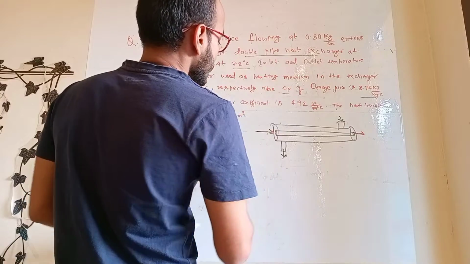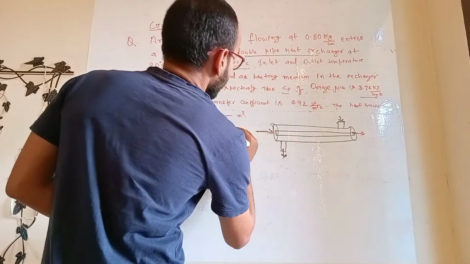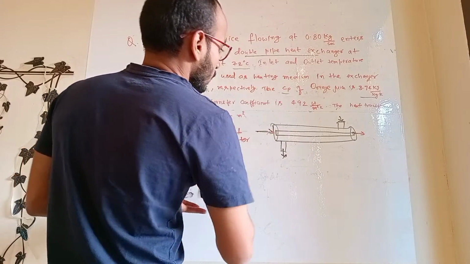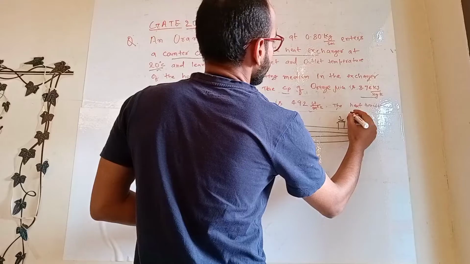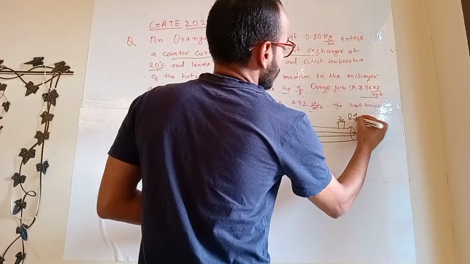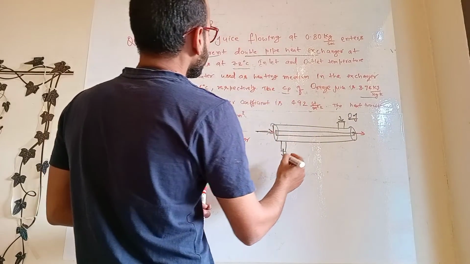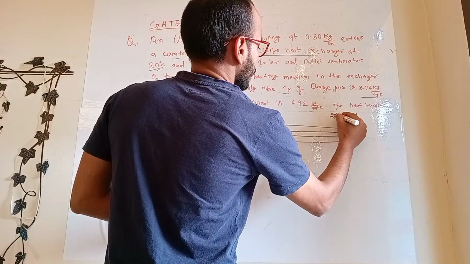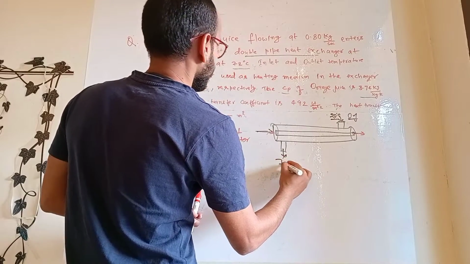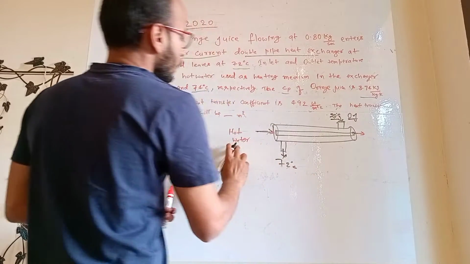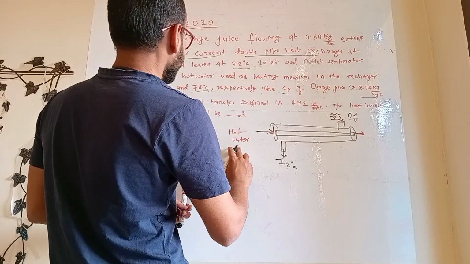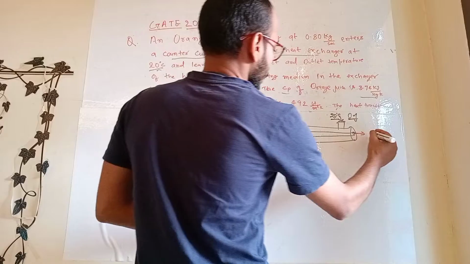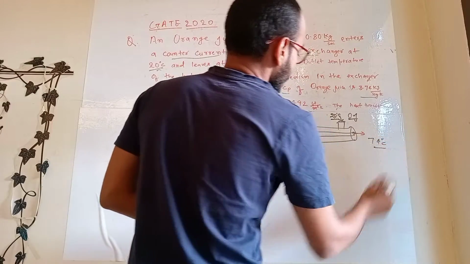Say through the center hot water is flowing, and here our orange juice is flowing. The inlet temperature is given as 20 degrees centigrade and outlet is 72 degrees centigrade, whereas for hot water the inlet temperature is 81 degrees centigrade and outlet is 74 degrees centigrade.